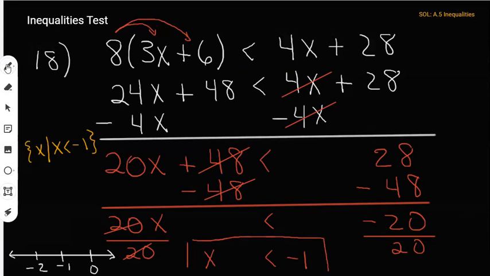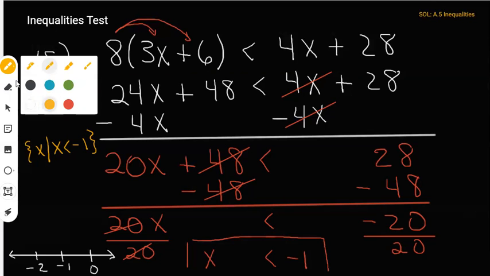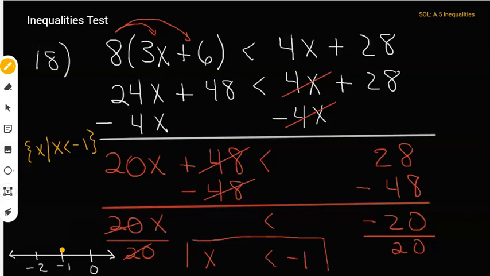Go ahead and put an open circle around the negative 1 and shade to the left, because you got a less than symbol. So every number that's less than negative 1 is going to solve the inequality.